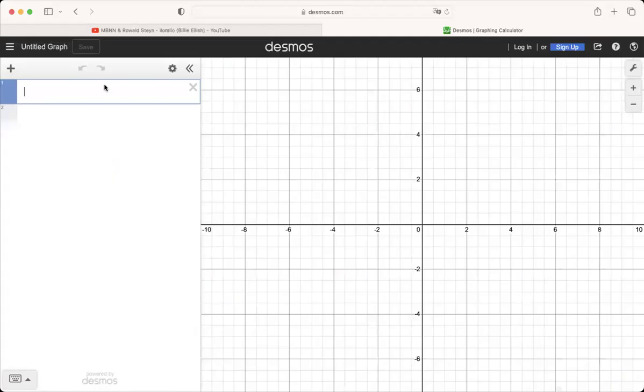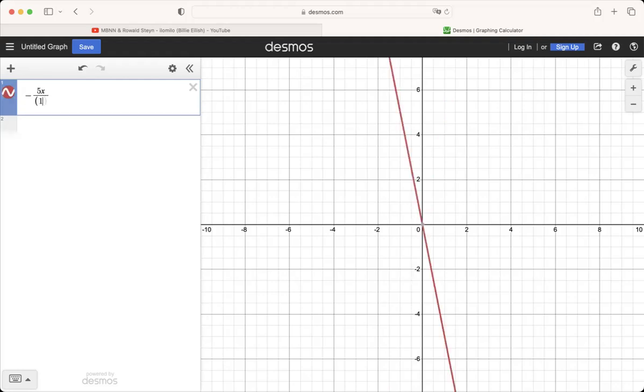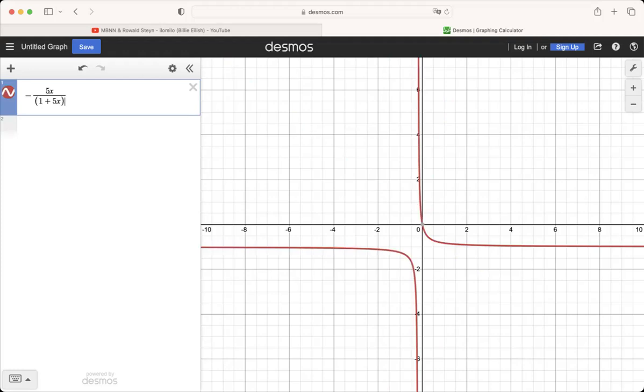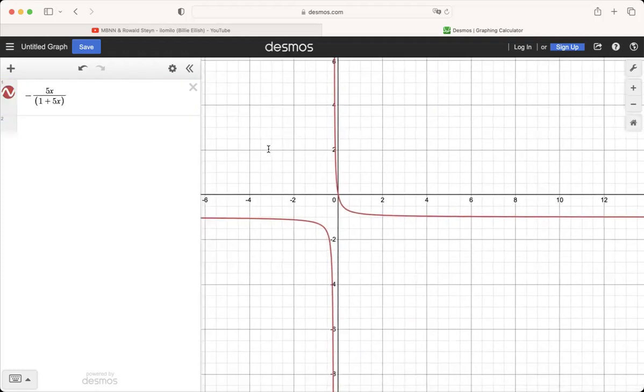So if I have negative 5x divided by 1 plus 5x, this is my graph, all right?